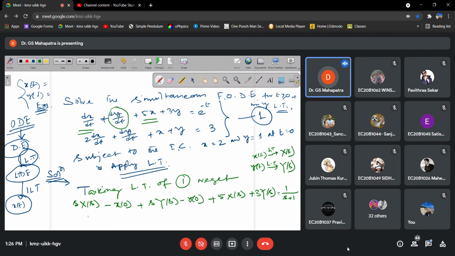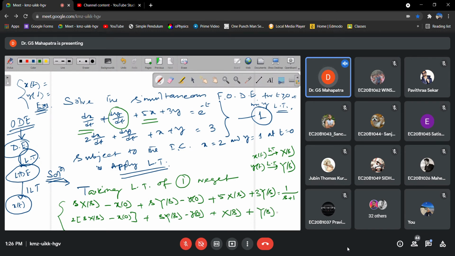Your formula is correct. Now, the second equation: you have to find its Laplace transform. The second equation is twice s X of s minus x of 0, plus s Y of s minus y of 0, plus X of s plus Y of s.